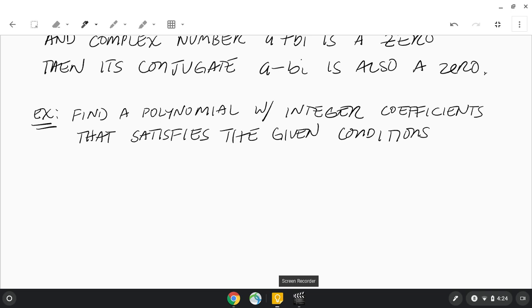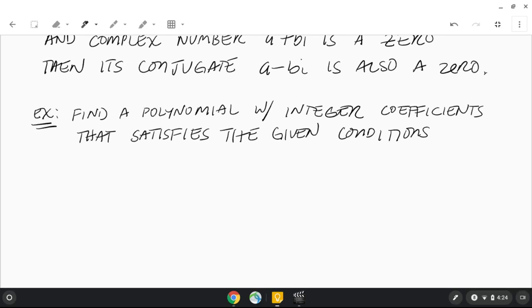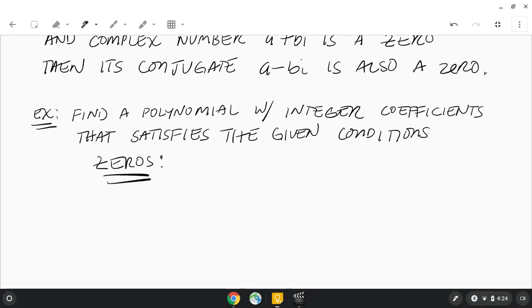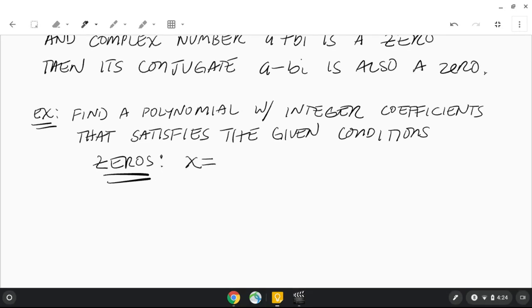Okay, so suppose that they give you the following information. It has a 0, x equals 1 plus i square root 2.